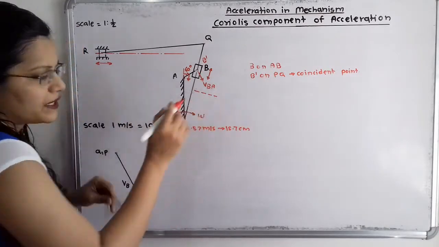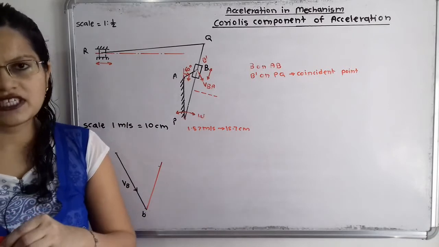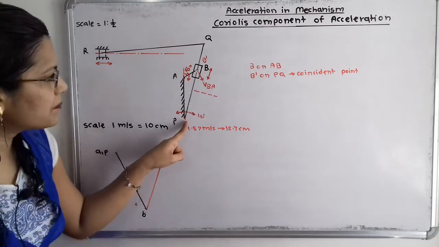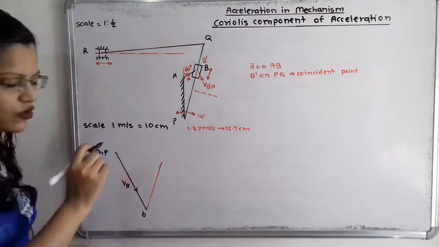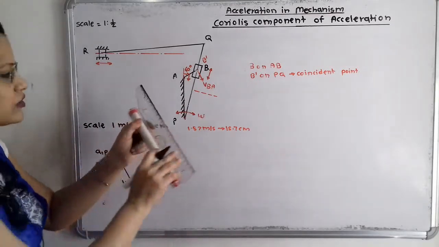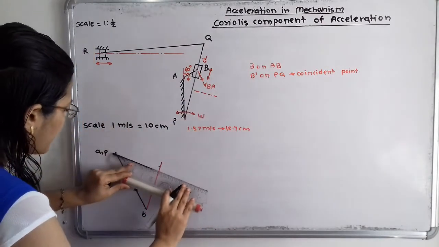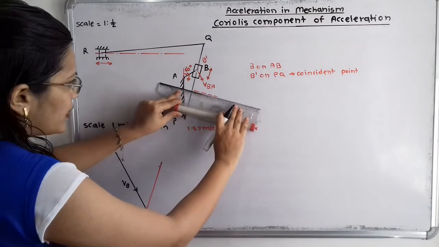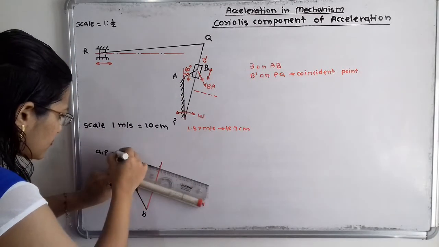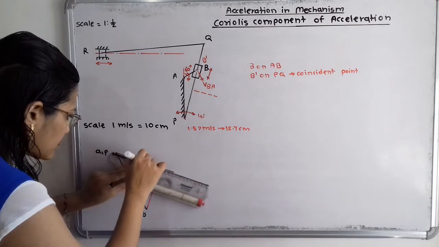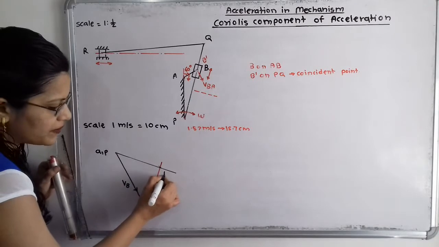So this is the perpendicular line. Along this line we have to draw one velocity line. One point is P and another point is B dash. Point P is already located, so we have to draw this velocity line parallel to this construction line but passing through P. We have to take the exact direction. So here the point of intersection is nothing but the point B dash.